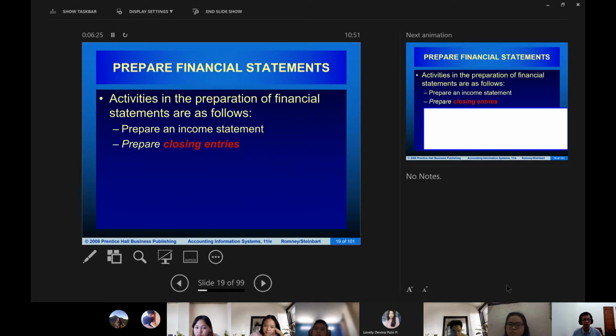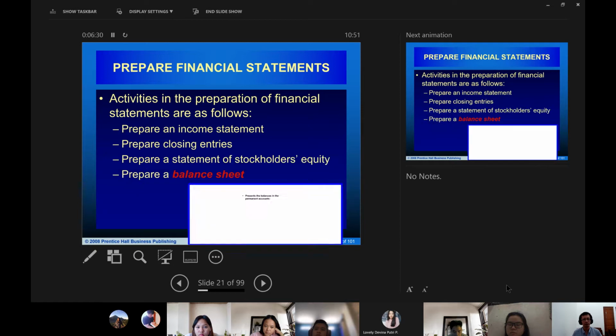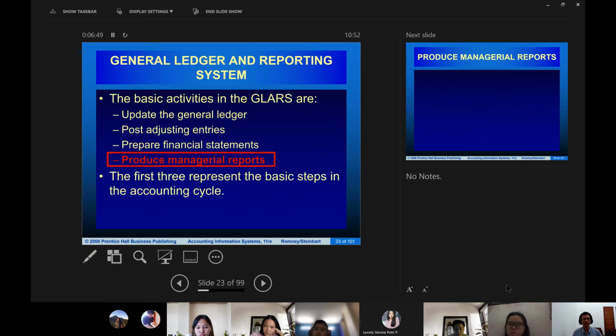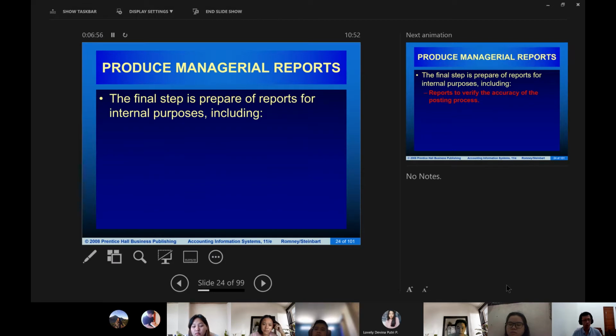Prepare financial statements: income statement, closing entries, statement of stockholders' equity, balance sheet, and statement of cash flows. Again, when I was learning accounting in the 1990s, the statement of cash flows was not a compulsory report. But nowadays it is compulsory. Now, managerial reports. They will not appear in the financial report or financial statements, obviously, because they are for internal purposes.